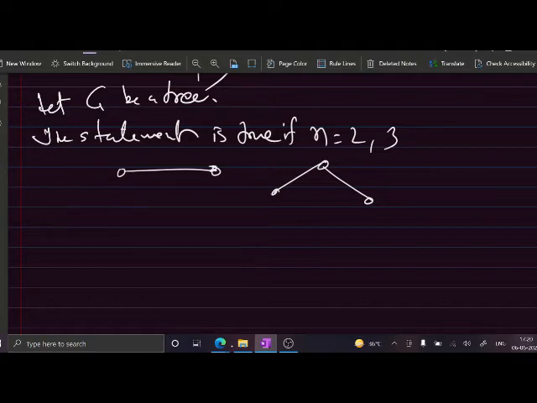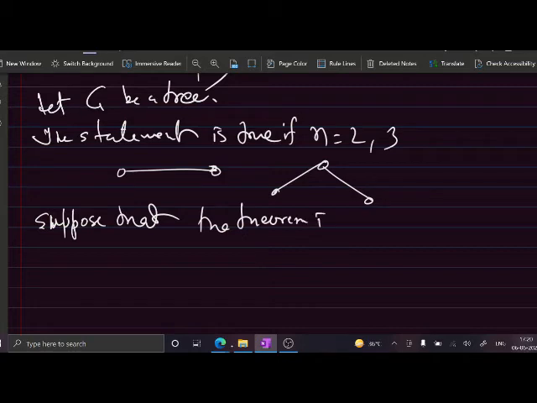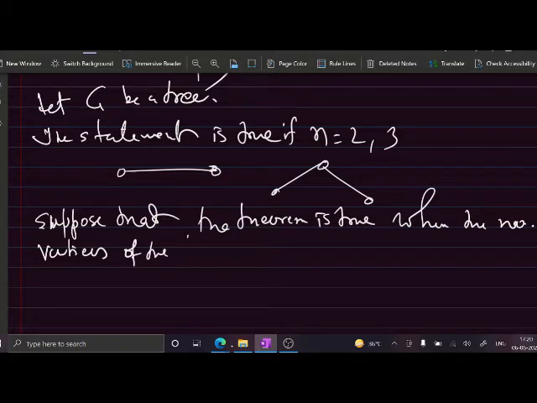So suppose that the theorem is true when the number of vertices of the tree is less than n.